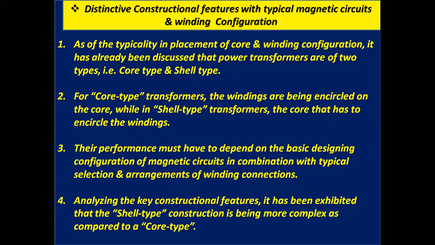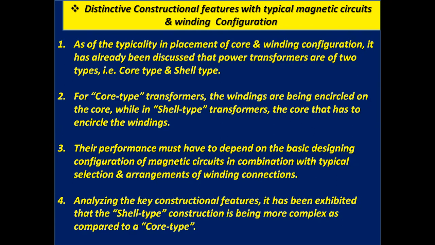For core type transformers, the windings encircle the core, while in shell type transformers, the core encircles the windings. This is the basic difference between core type and shell type.